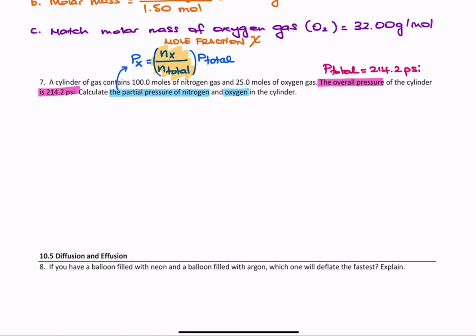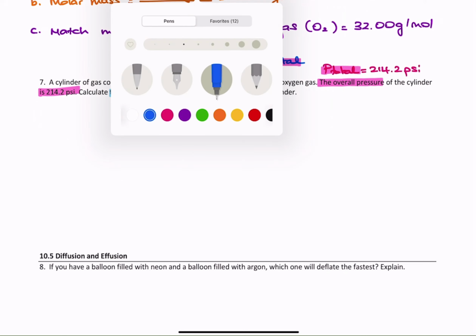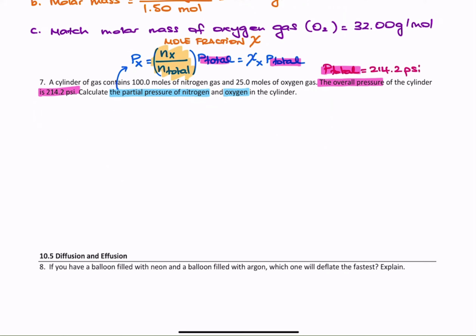Therefore, the partial pressure of gas X is equal to the mole fraction X times the total pressure. We're given the total pressure here, so we need to find the mole fraction. In order to find the mole fraction, we need to find the total number of mole in the container.